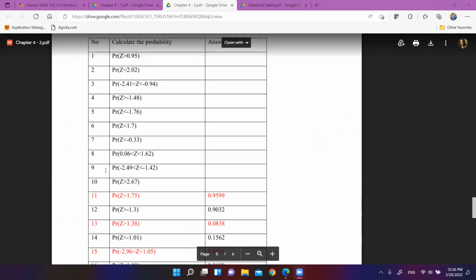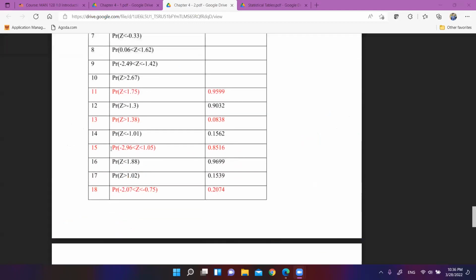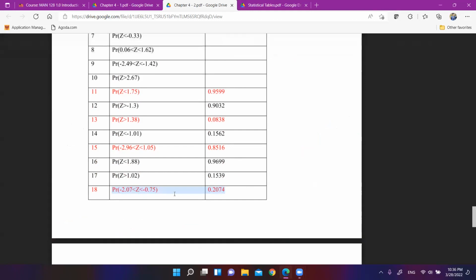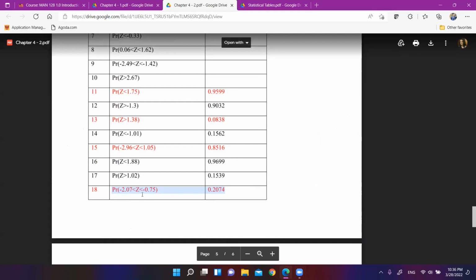Let's look at one more, the last one, and see how to do it. We want the probability between two values, negative 2.07 and negative 0.75.